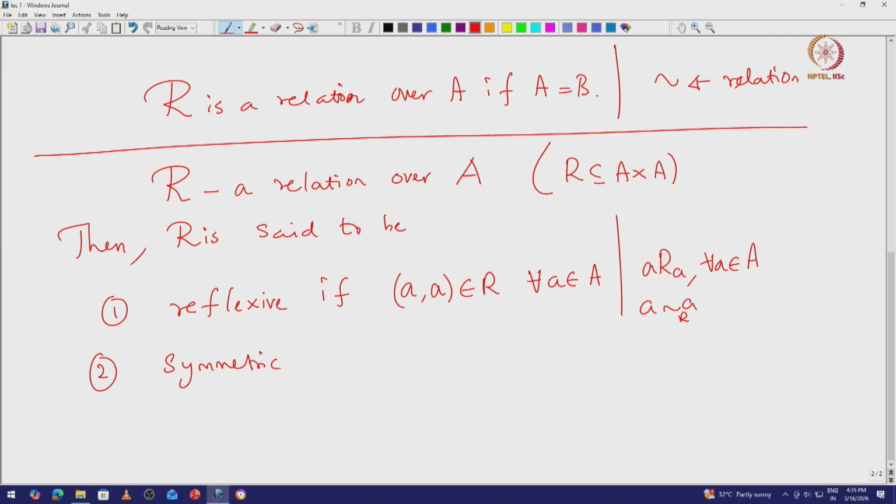So, we call R symmetric if whenever A and B are related, that should imply that B and A are related. Whenever (A, B) are related, that should imply (B, A) should be related. For example, symmetric need not hold everywhere. Okay.